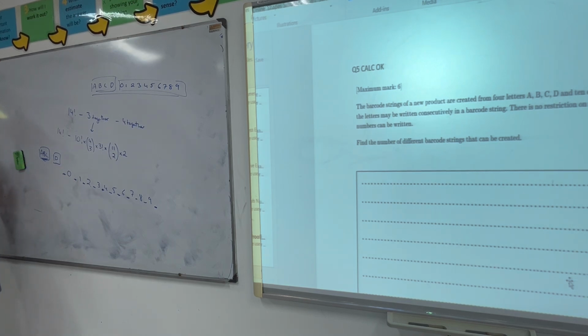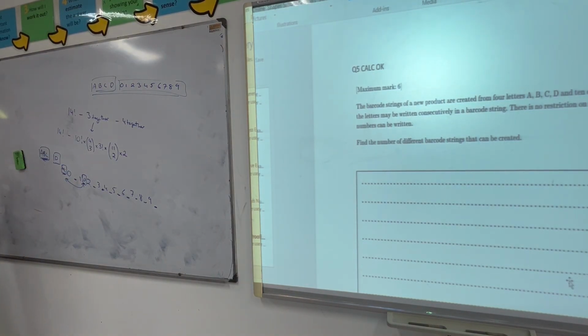Oh, we're making it ABC 1. But also, if you put them in those slots, let's say we put it here and here. Let's say this was ABC and this was D. If you count that once, you have to count it twice because it could have been swapped around. So that's why I'm multiplying that by 2.